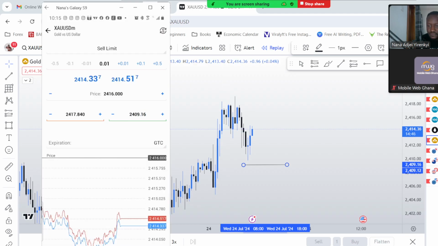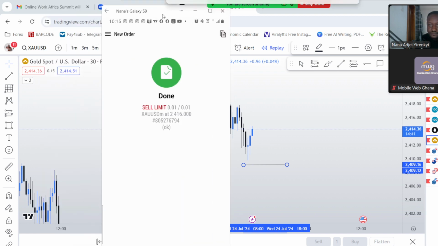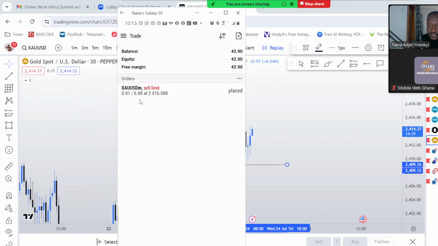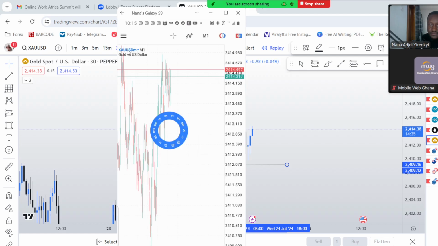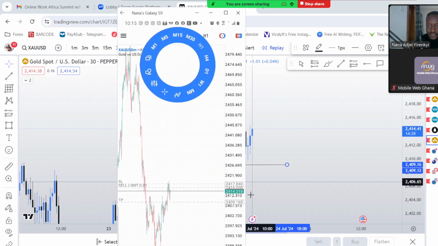TP 2409.16. Then you place your order. Okay, so once your order has been placed, you would see some markings on the screen. Let me just zoom it up a bit.